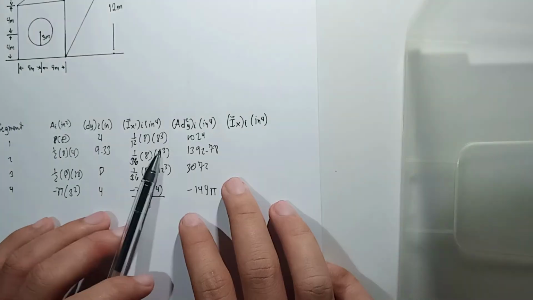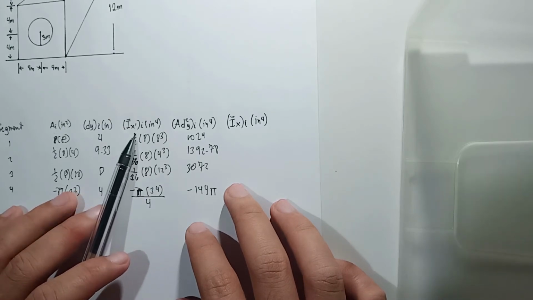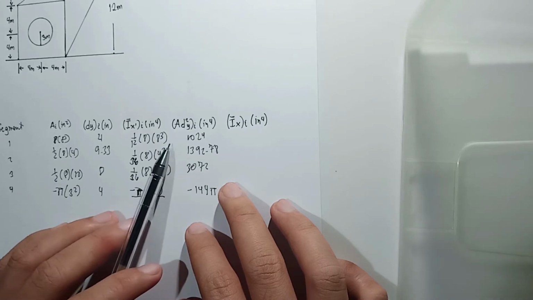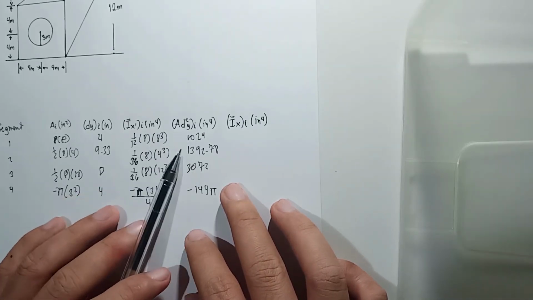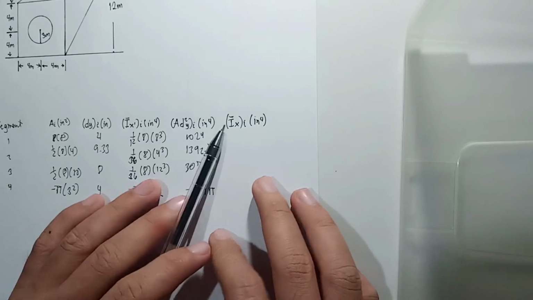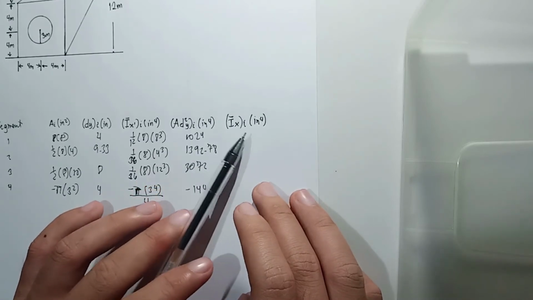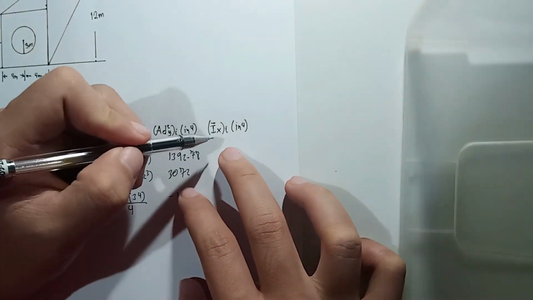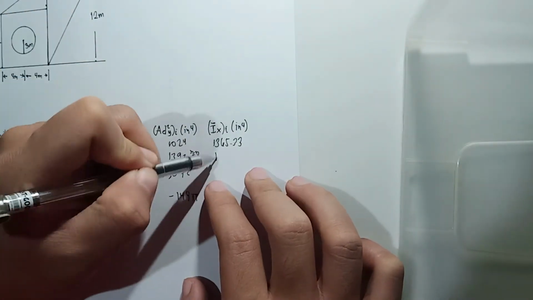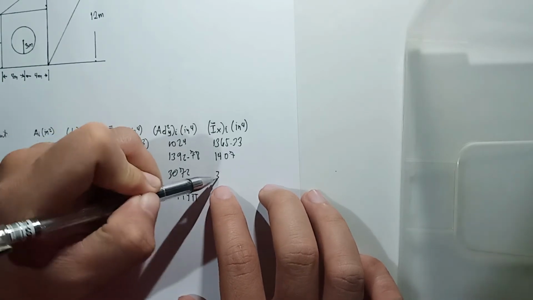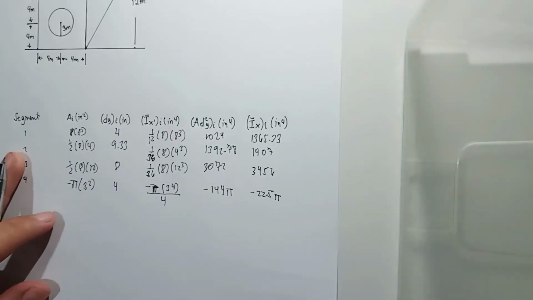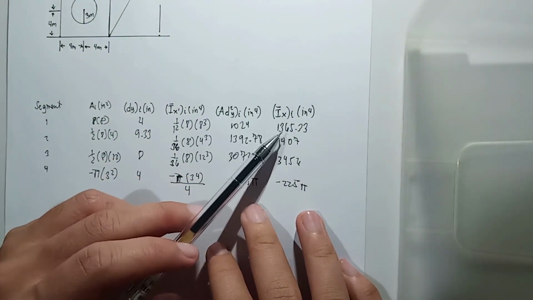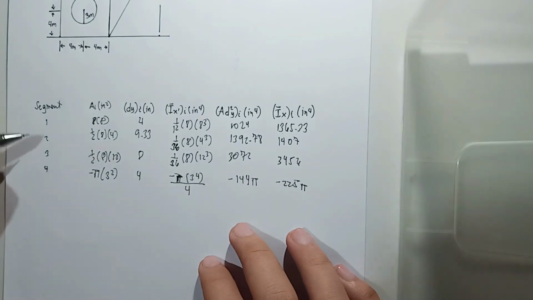For the final step, we add the centroidal x-axis moment plus the A d squared of every segment to find the moment of inertia of every segment.